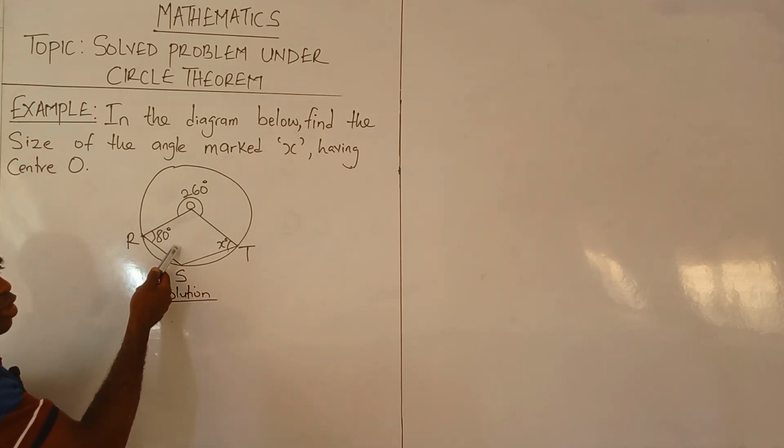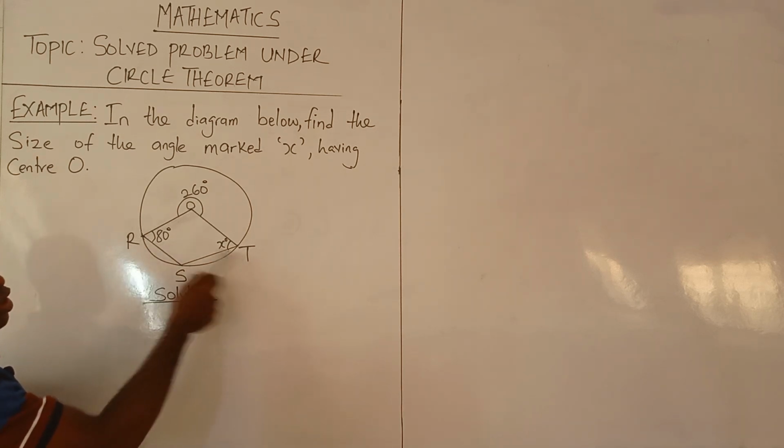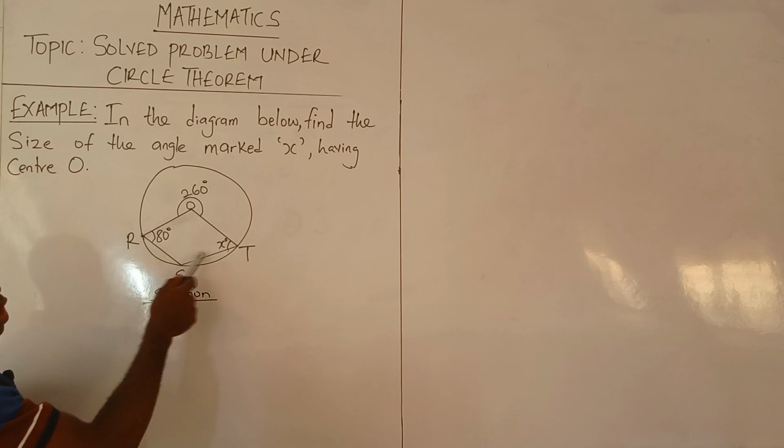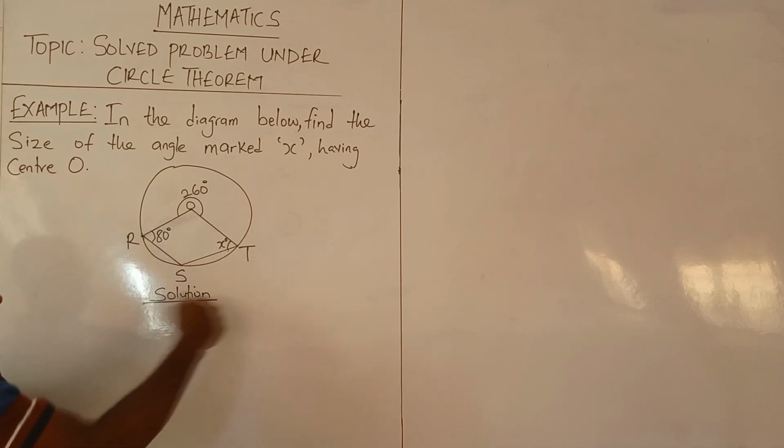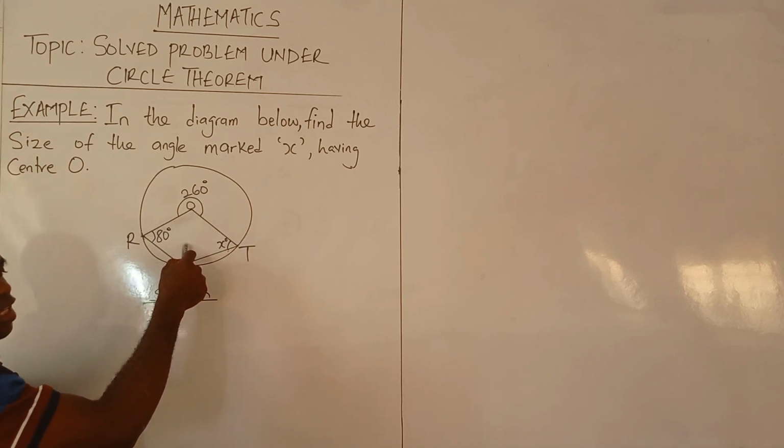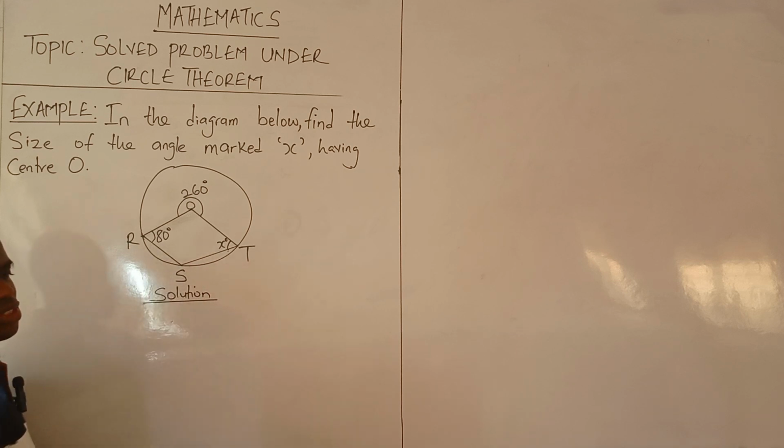In this type of question, the sum of the opposite angles is not equal to 180 degrees because it's not a cyclic quadrilateral. It's just an ordinary quadrilateral. You can say the sum of the angles in the quadrilateral here is equal to 360 degrees.